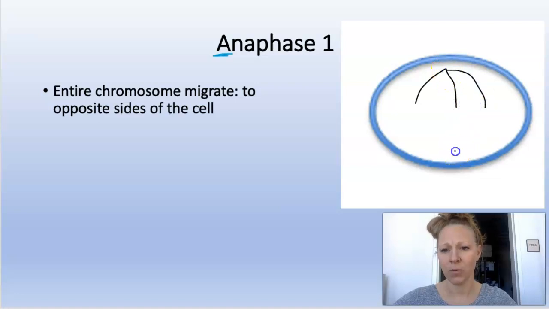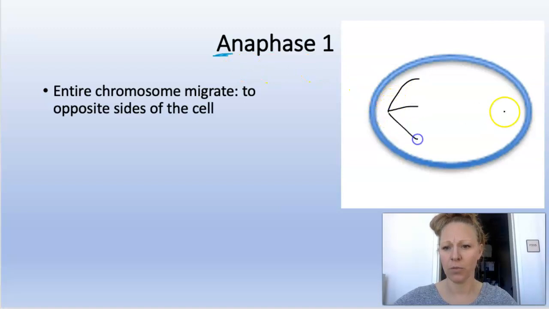And so here our chromosomes are going to start migrating to the sides. Actually, let me erase this because we're going to draw them going this direction. 1, 2, 3, 1, 2, 3.